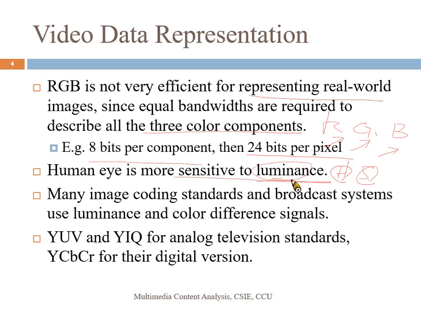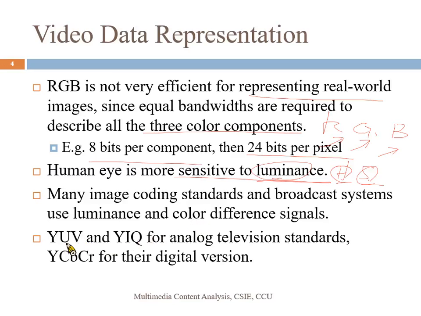So for more important information, that is luminance, we can allocate more bits to represent it, but use fewer bits to represent hue and saturation. And many image coding standards and broadcast systems use luminance and color difference signals.